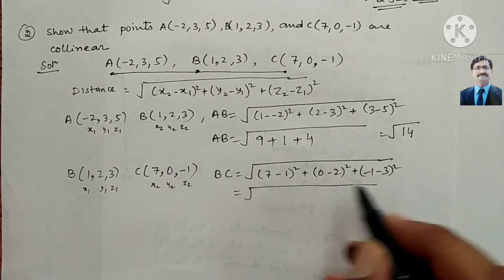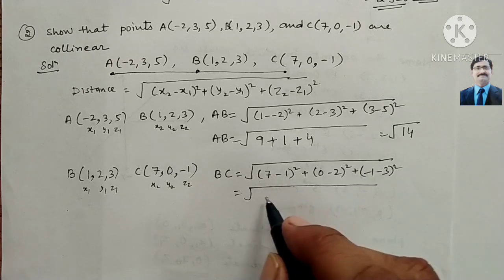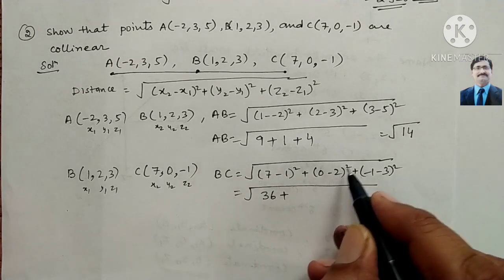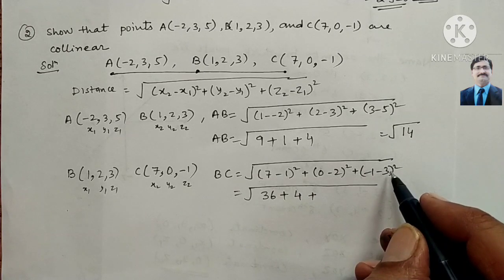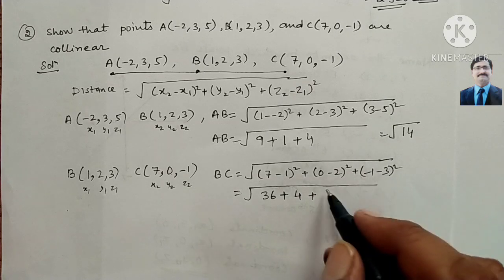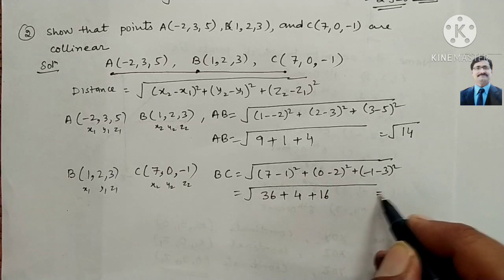So in this calculation, 7 minus 1 is 6, square is 36, and minus 2 square is 4, and minus 1 and minus 3 is minus 4, square is 16.